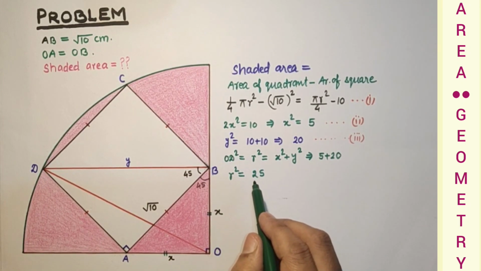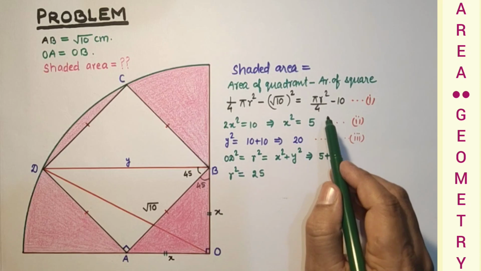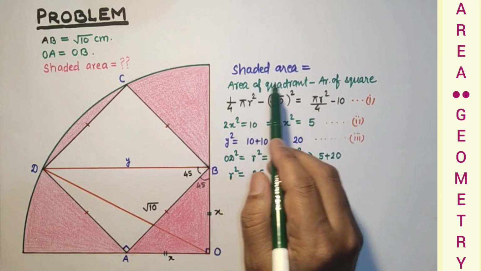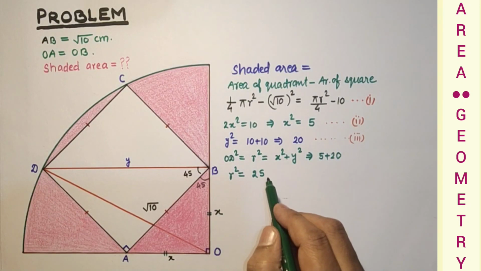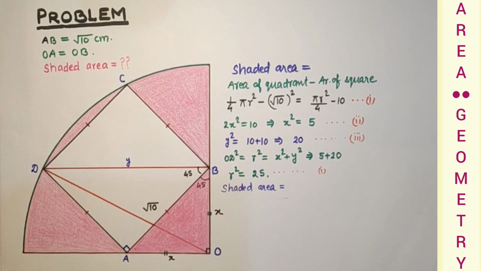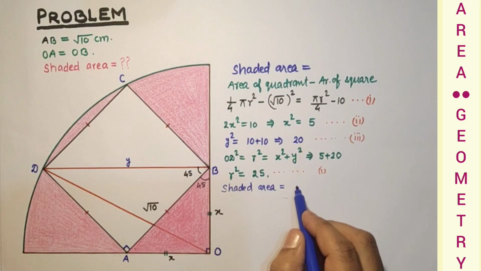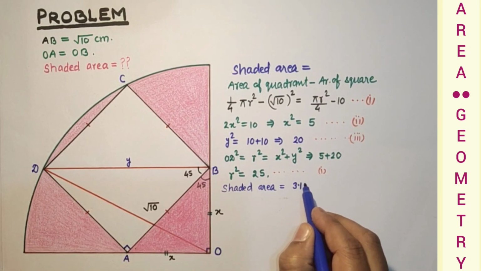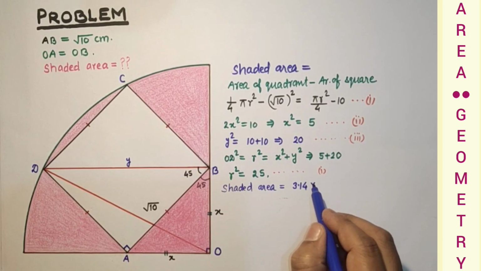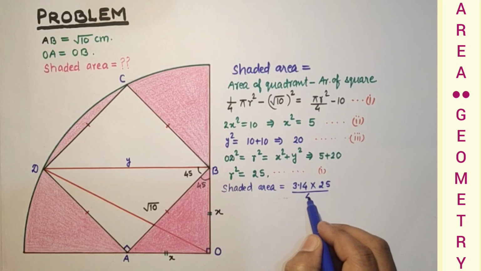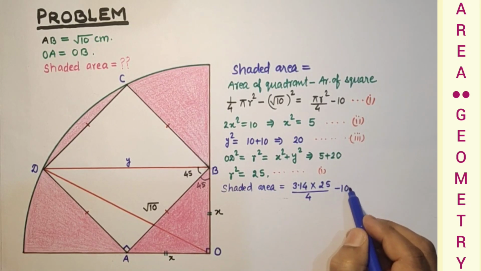Substituting this r square as 25 in this equation to get the shaded area, we will have pi r square by 4 minus 10. Pi value is given as 3.14. R square is 25, divided by 4, minus 10.